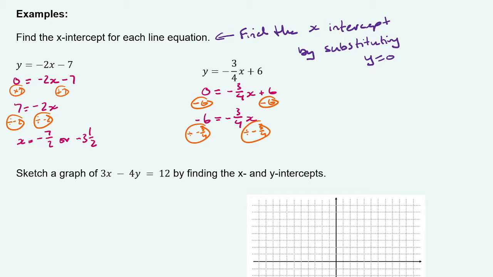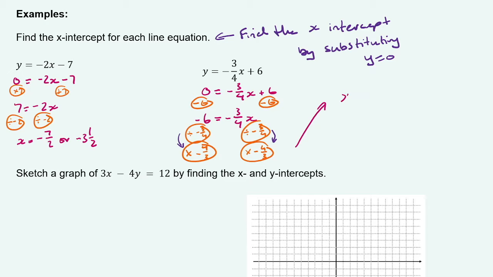Now, if you are remembering, when we divide by a fraction, we need to invert and multiply. So that actually becomes times minus 4 over 3. I'm just running out of room a little bit there, so I'm going to go up this way.